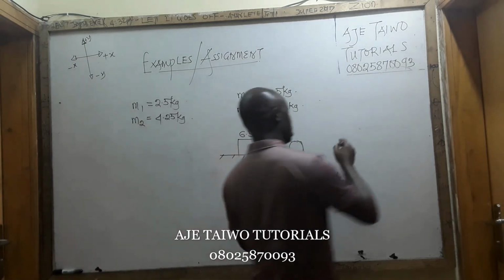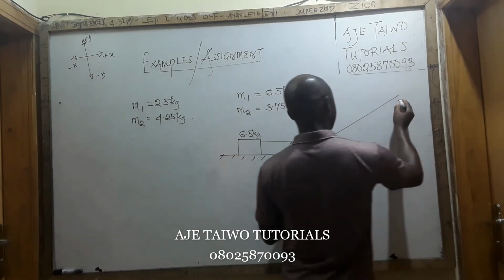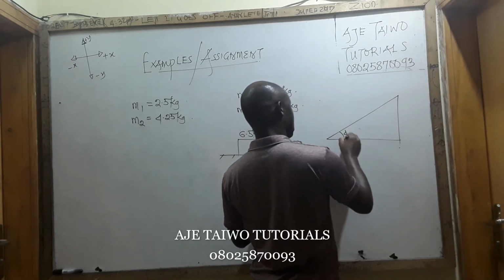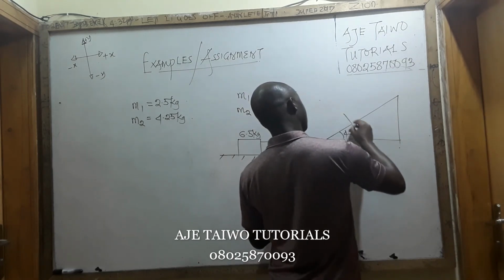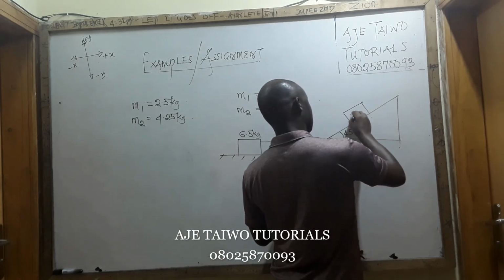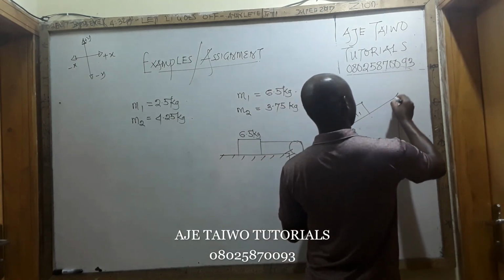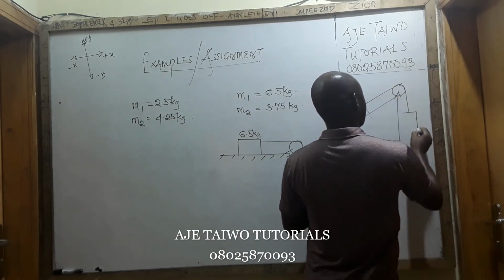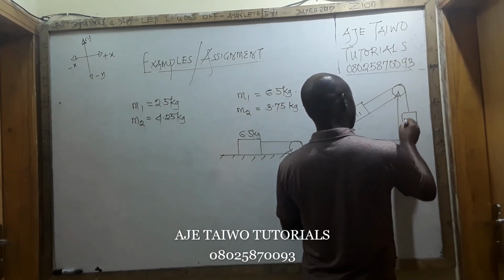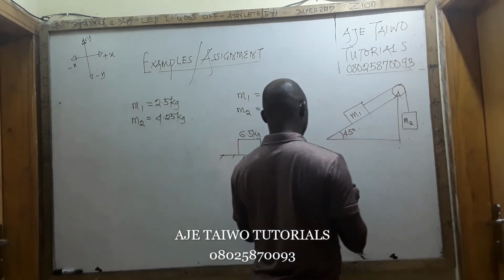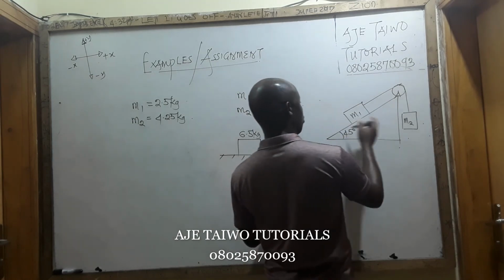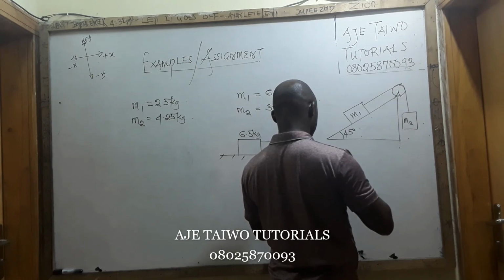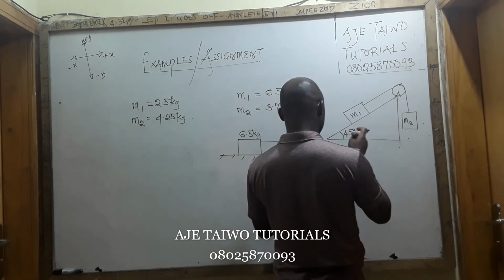This diagram. The angle is 45 degrees. This is M2, M1, M2, this is 45.